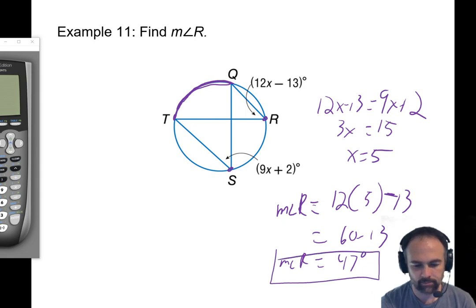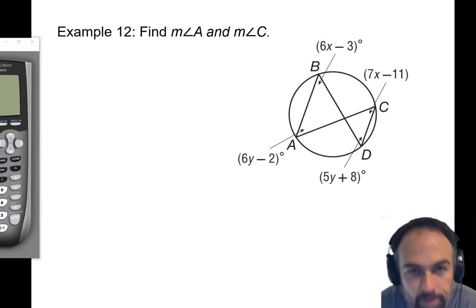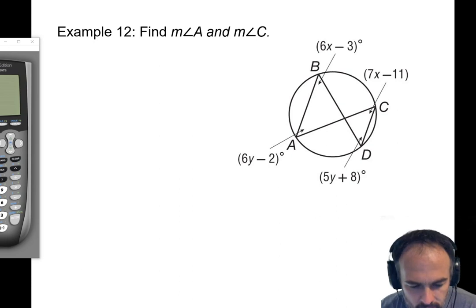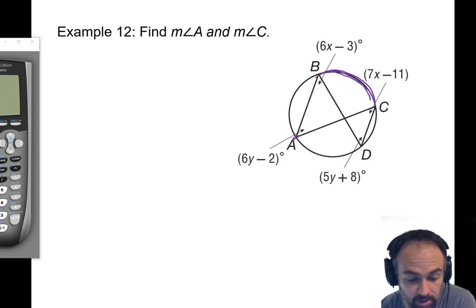All right. Example 12, another one of these hourglass figures. So we want to know the measure of angle A and the measure of angle C. Let's start with angle A. Angle A, its intercepted arc is BC. Now we also know that D also intercepts arc BC.